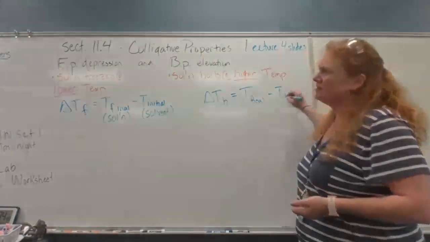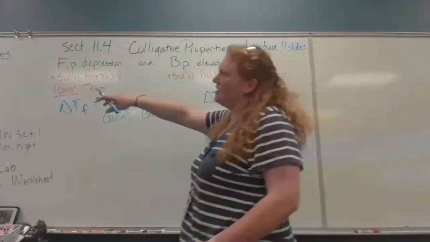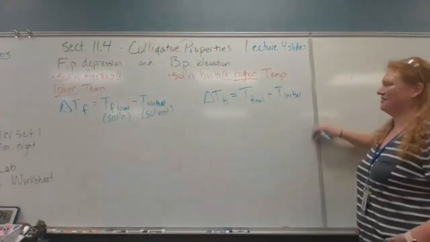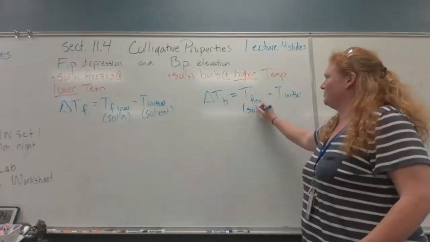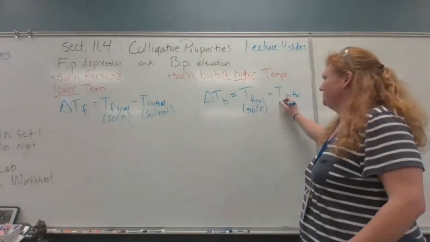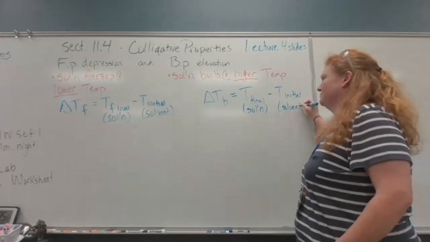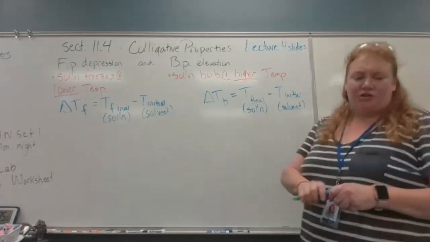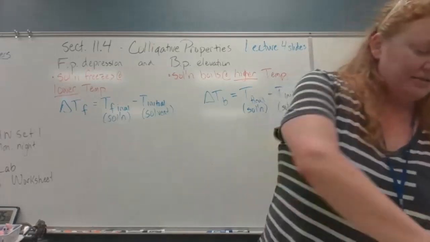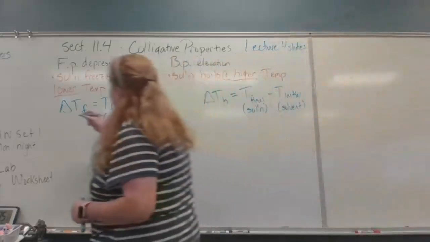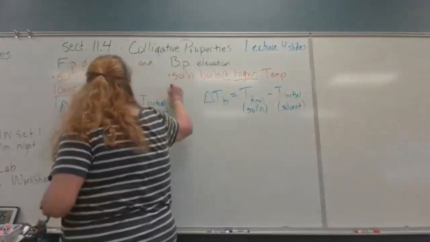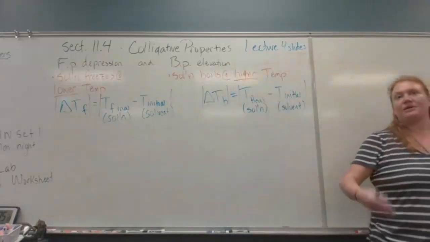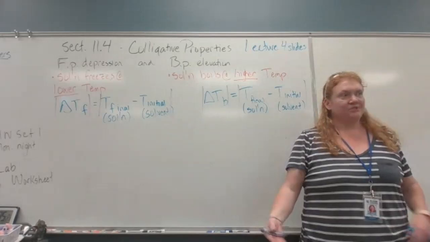Okay. Up here on the screen, I wrote do the solvent minus the solution. I don't want us to get all caught up in what goes where, because here's why. Let's keep it solution and solvent. Here's what I want you to think about when you're calculating these deltas. Let's just take the absolute value. What is the amount that it elevates? What is the amount that it depresses? Just give me the absolute.